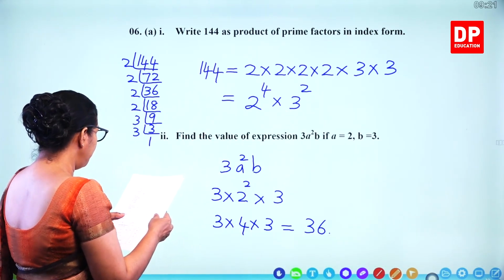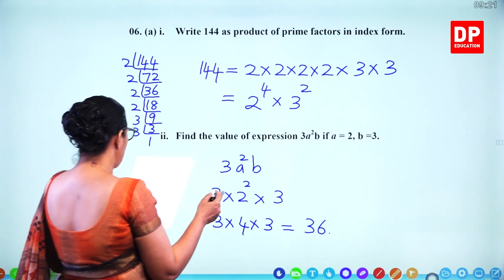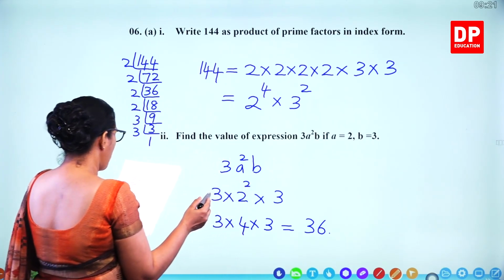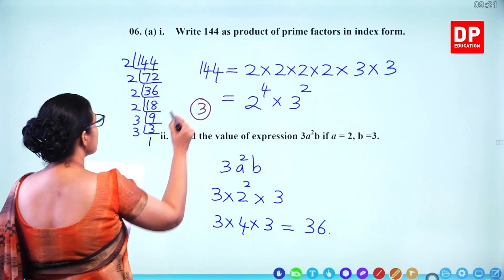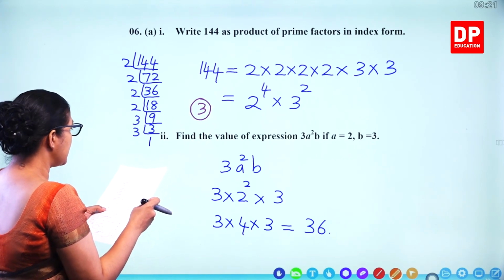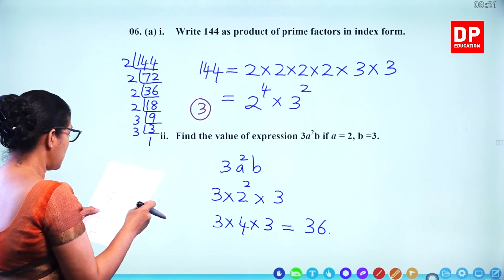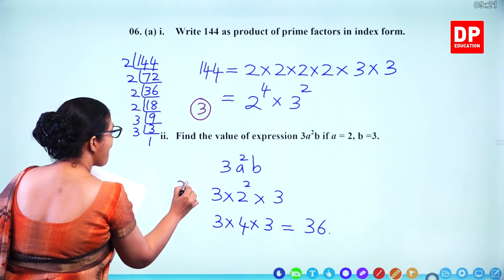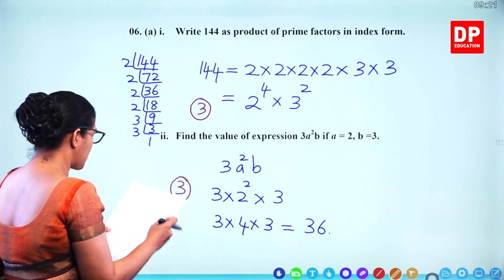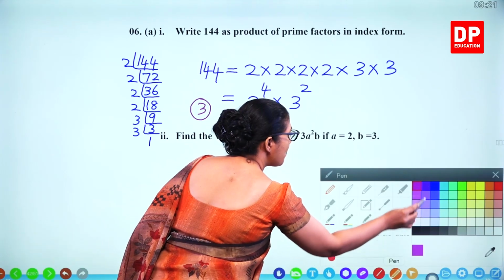So let's see. 2 to the power 4 and 3 squared, you get 3 marks. And 36, you are getting 3 marks. So 6 marks.